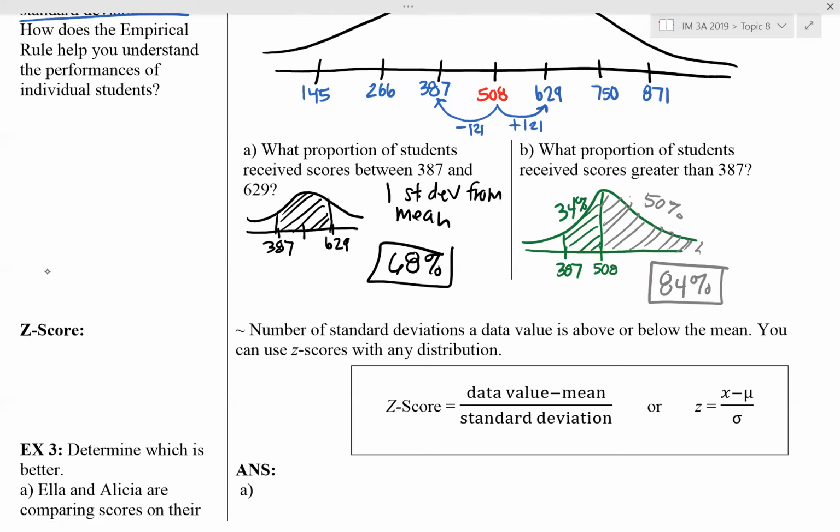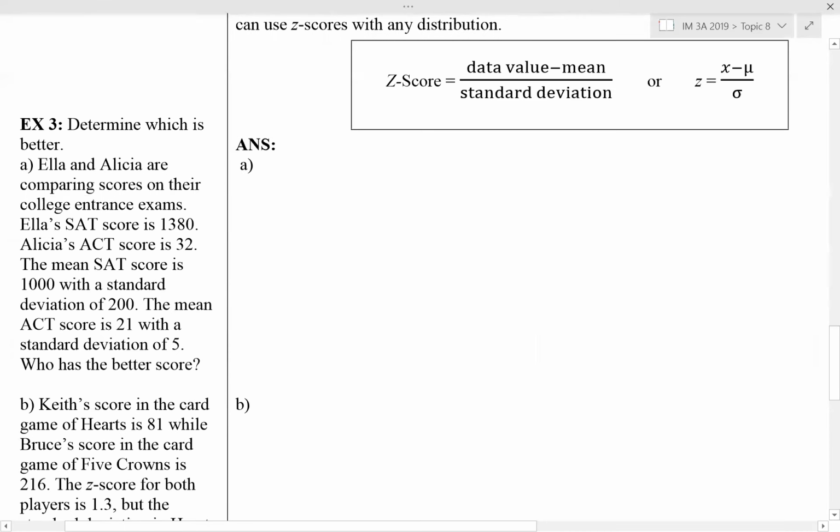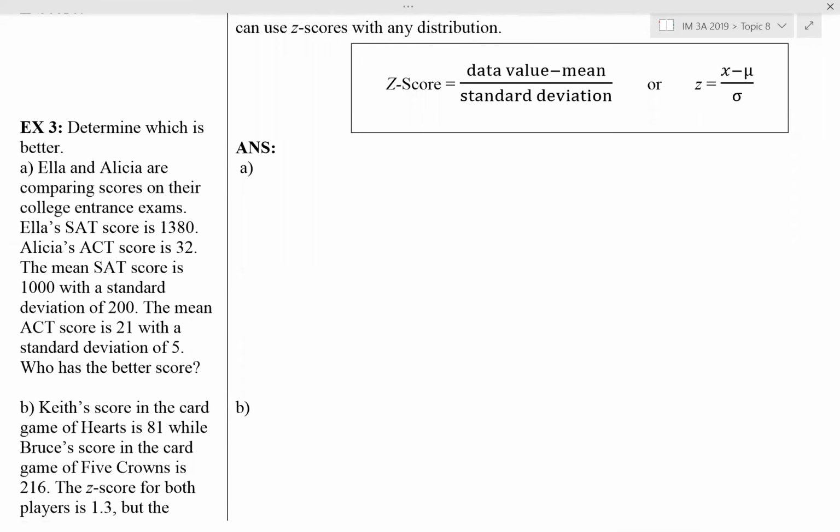Z-scores are more for numbers that are not perfect standard deviations away from the mean. The equation that we will use to find the Z-score is taking the data value that we're given, asked about, subtract the mean, and divide by standard deviation. In symbols, that's x minus mu over sigma.